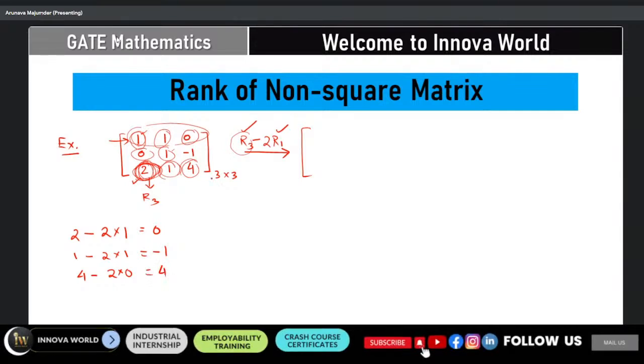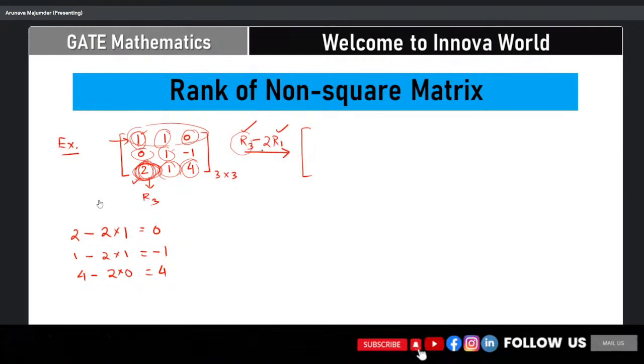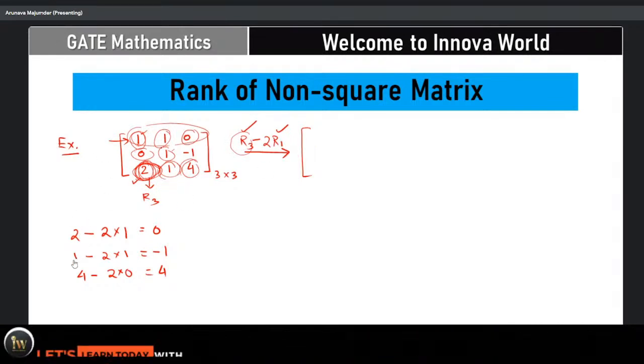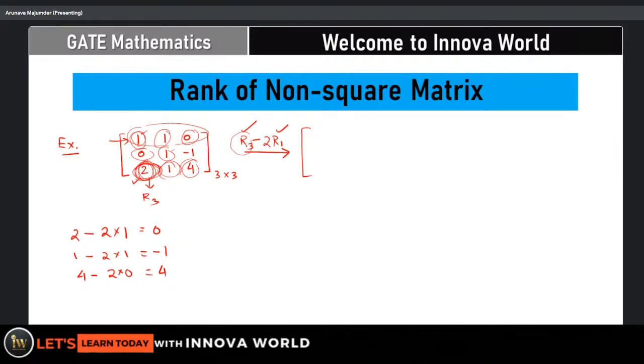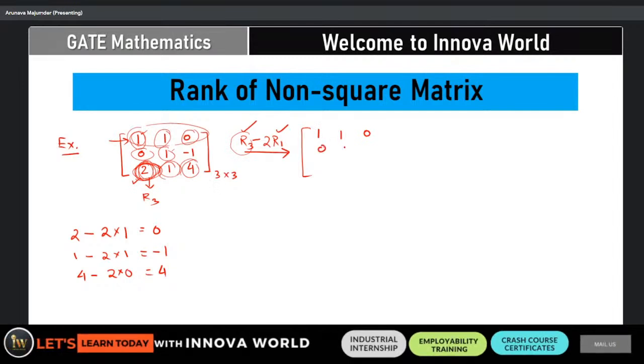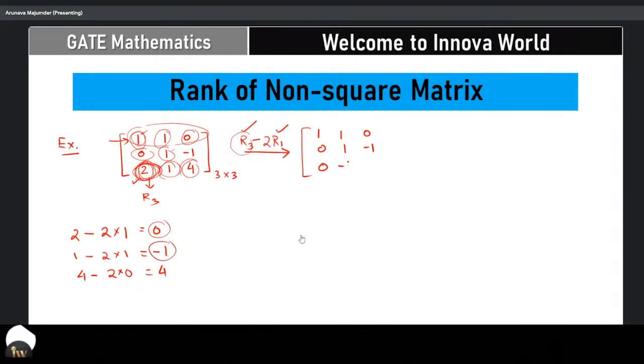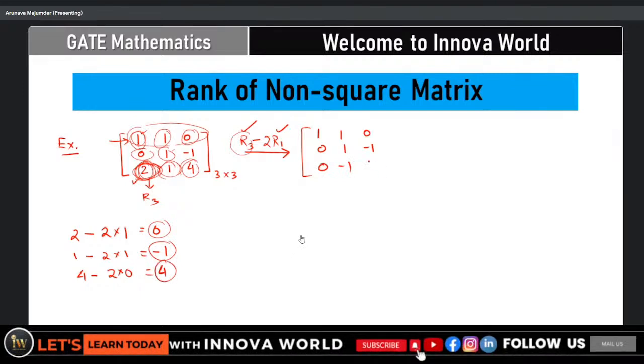Now we are going to rewrite the matrix again, since only row 3 is changed. So row 1 and row 2 will be intact. So 1 1 0, 0 1 minus 1, and now the first element becomes 0, the second element is minus 1, the third element is 4.